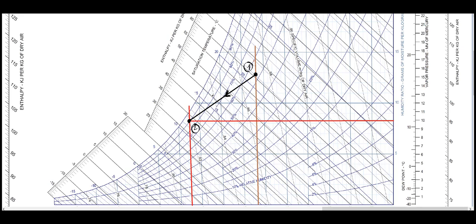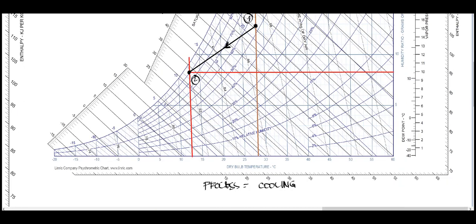Then you will notice the humidity is around 12.9, then reducing it to 8.3, so we have the process of dehumidifying. So we have the process of cooling and dehumidifying.